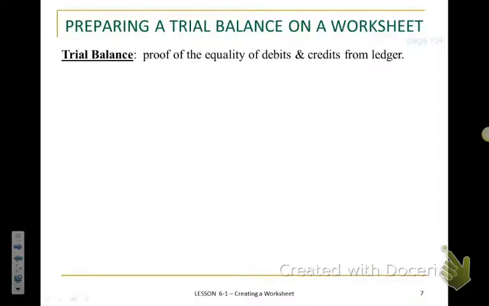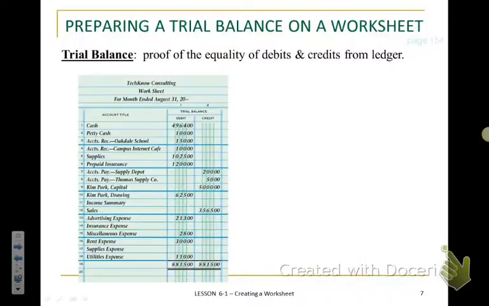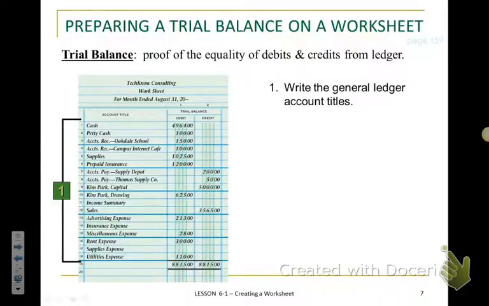Then the first 2 columns, if you look at the top of that report, it says trial balance. Very important. The reason you have the trial balance is primarily to prove your debits equal your credits. We have all of the accounts in our ledger go into the trial balance even if we don't have a balance in them at that point in time.